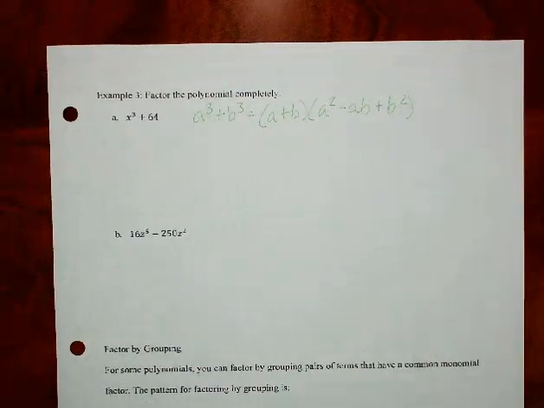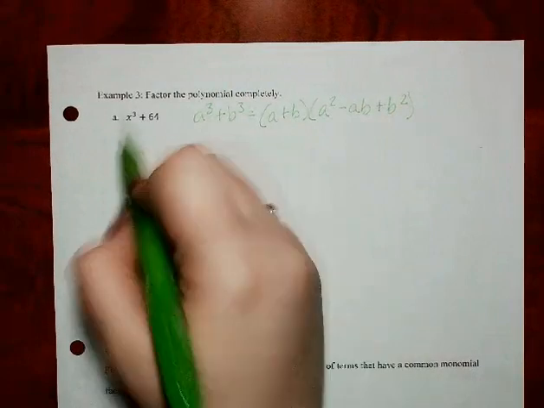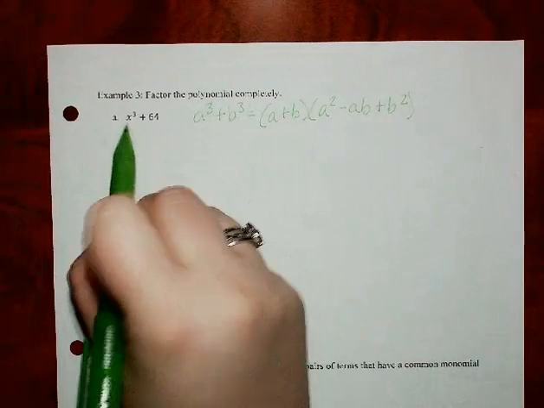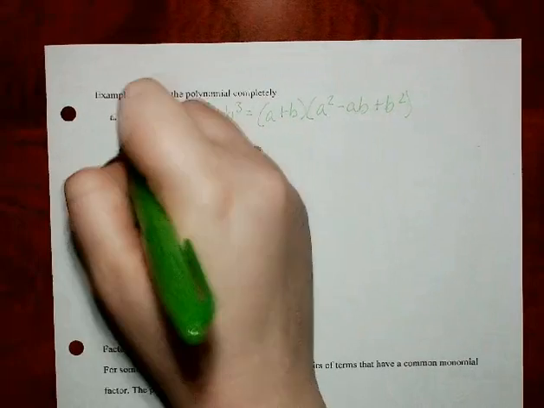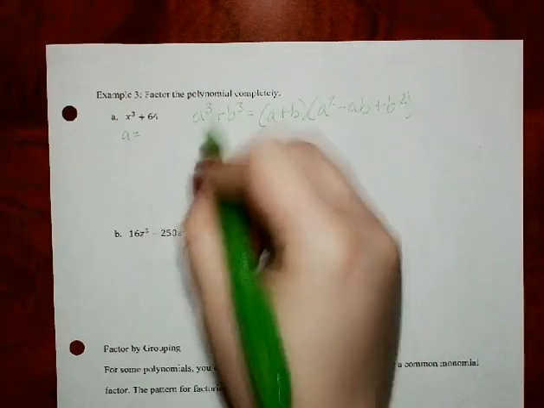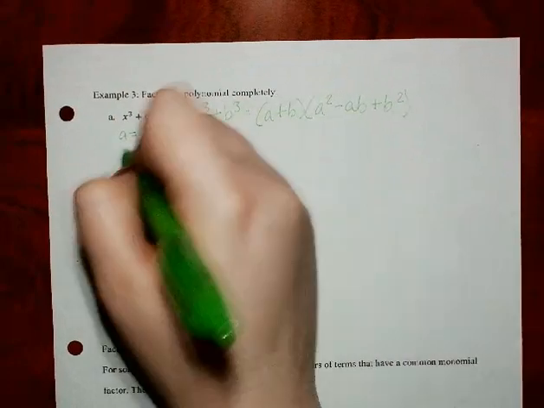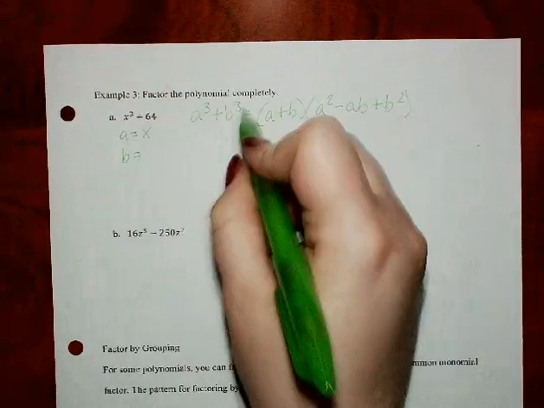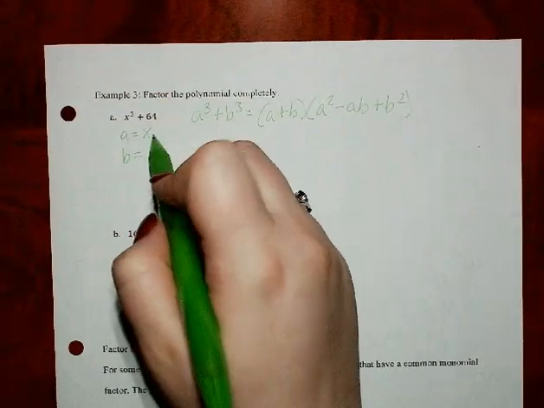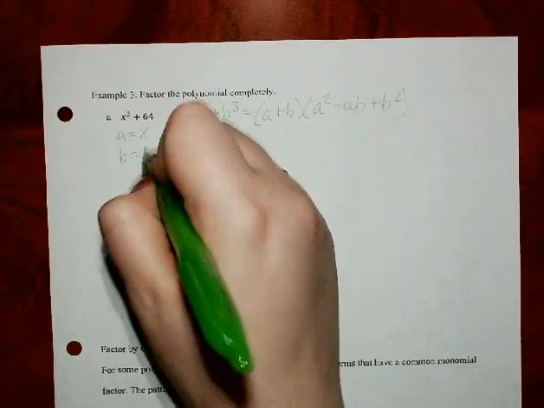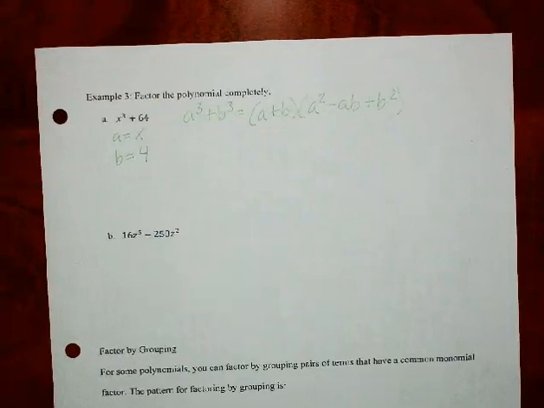I'm just copying this off the previous page so that it's easier to reference. So we are going to look to find out what a is. So if a to the third is the same as x to the third, then a is equal to x. And if b to the third is 64, then b is going to be 4, because 4 times 4 is 16, times 4 is 64.